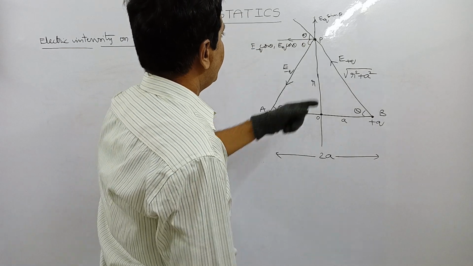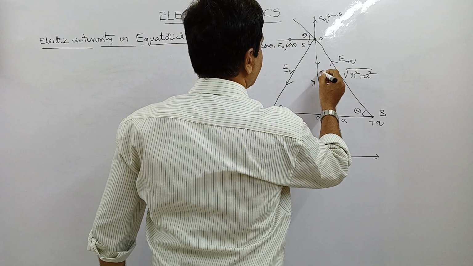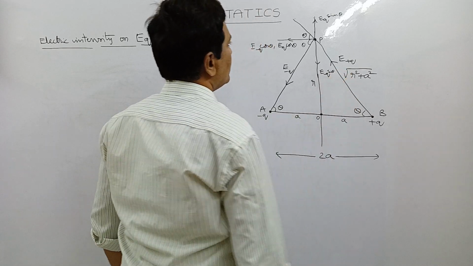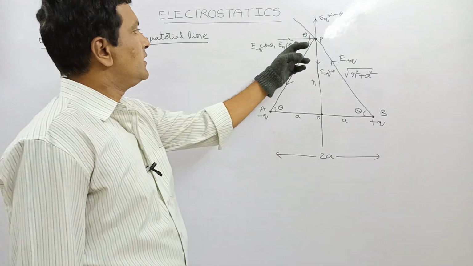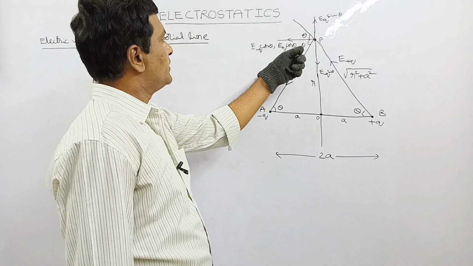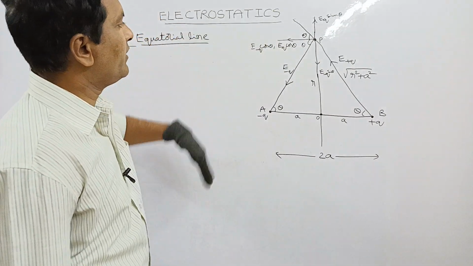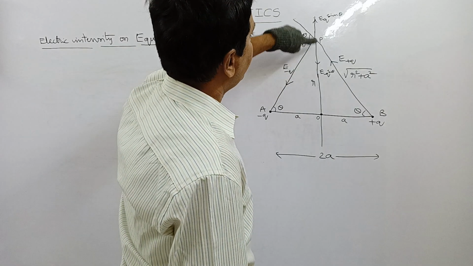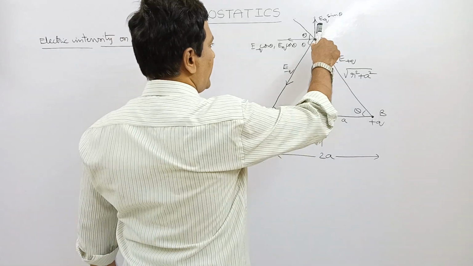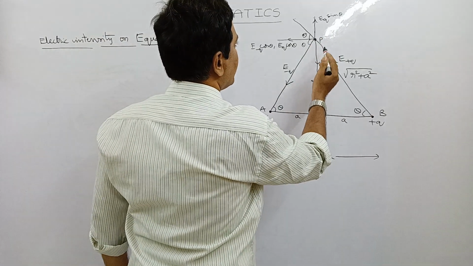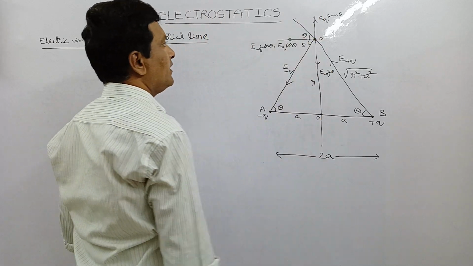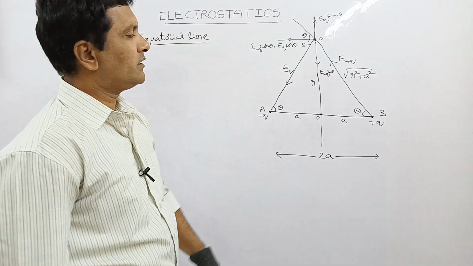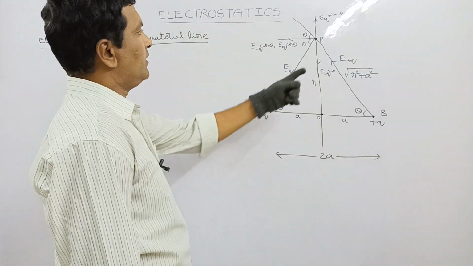The cos theta components will add up, while the vertical components will cancel each other, because E minus Q sin theta acts in one direction and E plus Q sin theta acts in the upward direction. So these two cancel each other and have a null effect on point P.